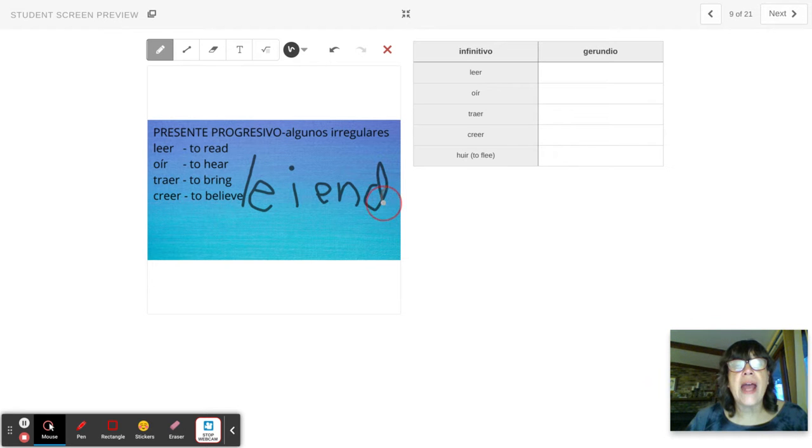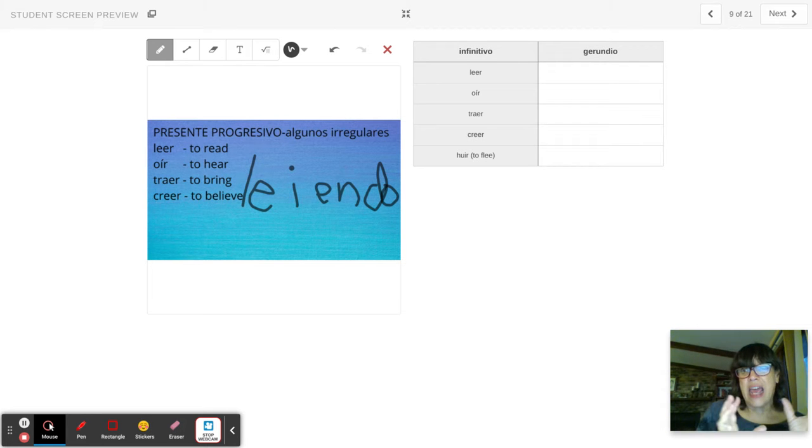Do you see what happens? I get this whole blob of vowels in the middle of my word. And Spanish does not like 3 vowels together, especially when one of those vowels is an I. They don't like 3 vowels.